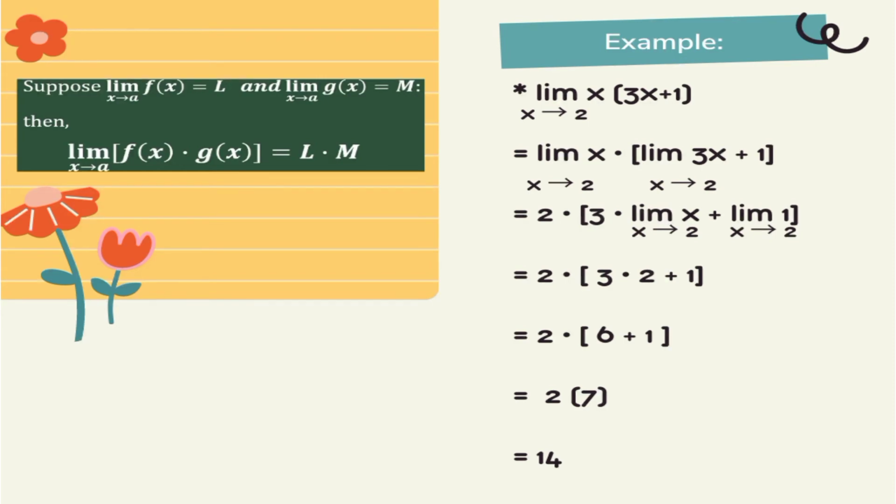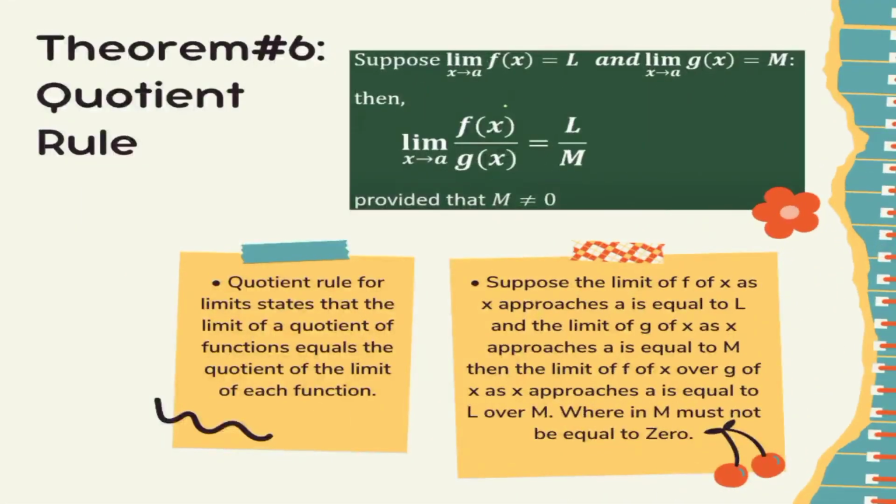Now let us level up to theorem number 6, the quotient rule. The quotient rule for limits states that the limit of a quotient of functions equals the quotient of the limit of each function.